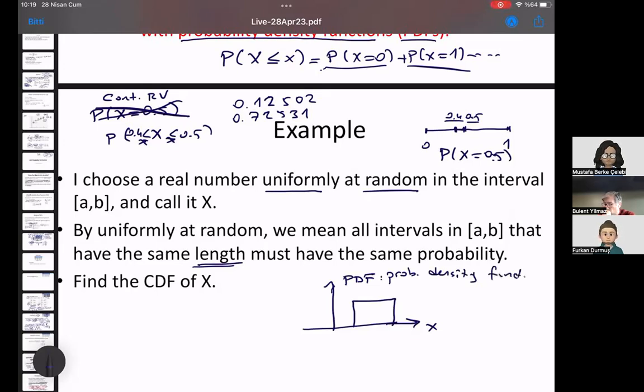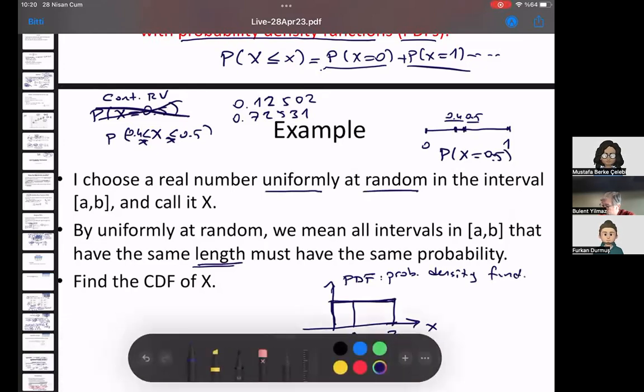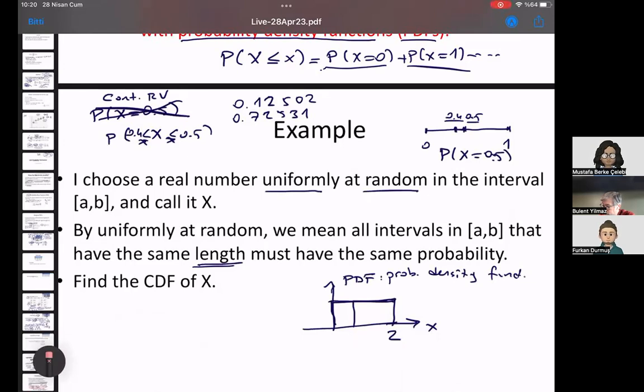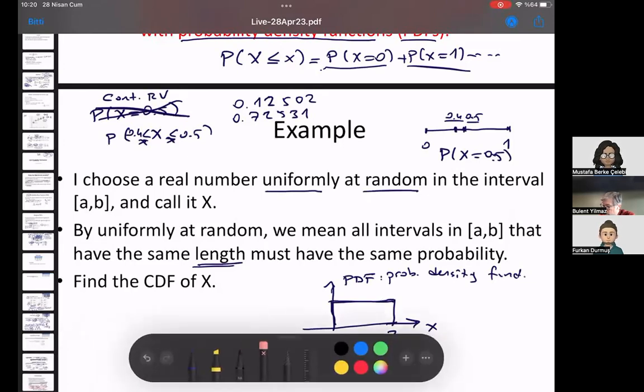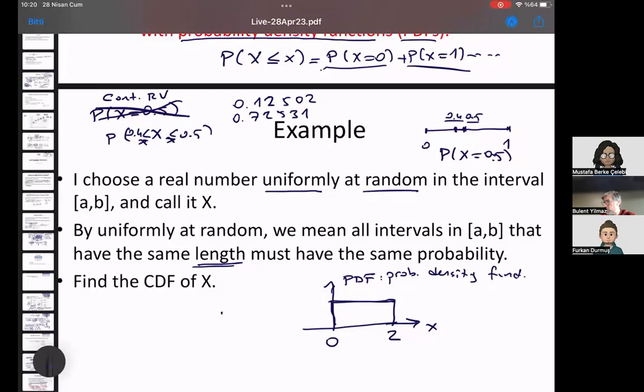And it is between, let's say, 0 and 2, and the area under this thing should be equal to 1.